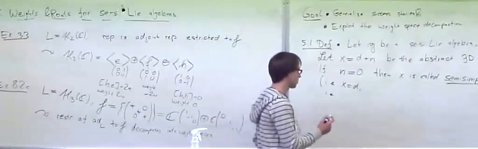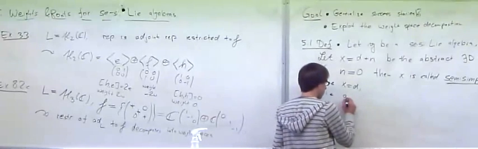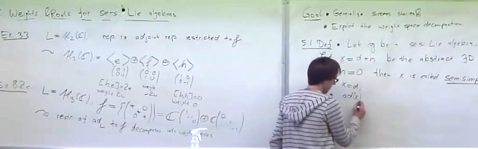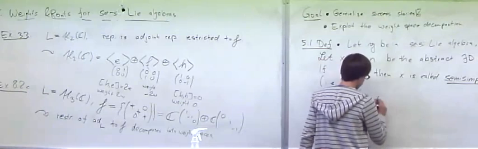Now, by the definition of the abstract Jordan decomposition, this means that the adjoint operator at x is diagonalizable.